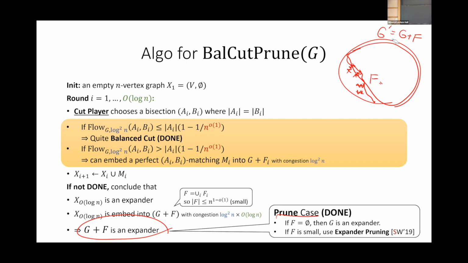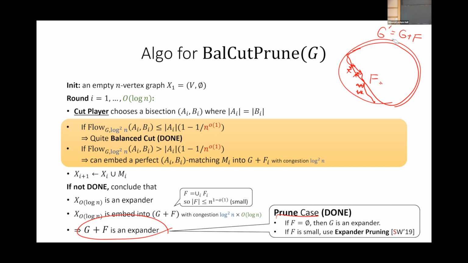So the total number of fake edges that I add is small. But it is still linear, right? You should think of F as something that is much smaller than linear.